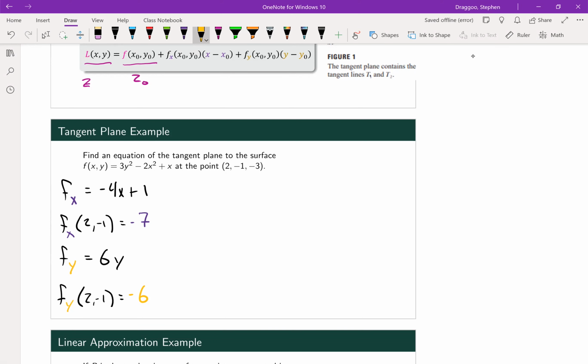And then it's a matter of plugging in all of our points to that tangent plane.